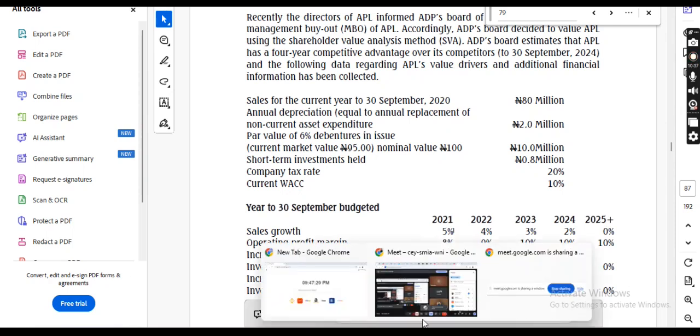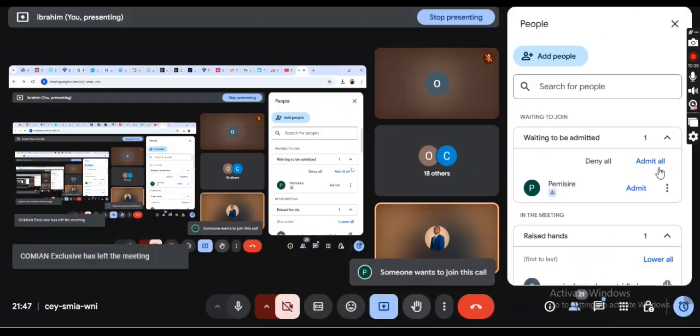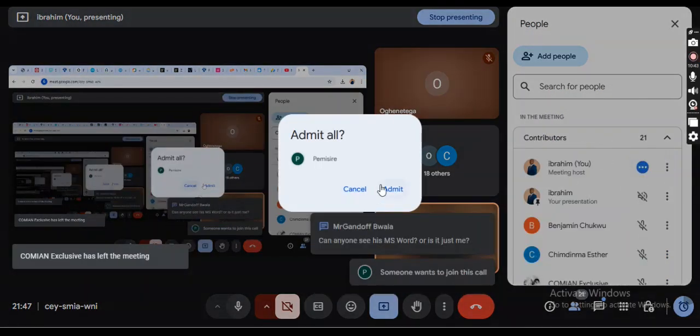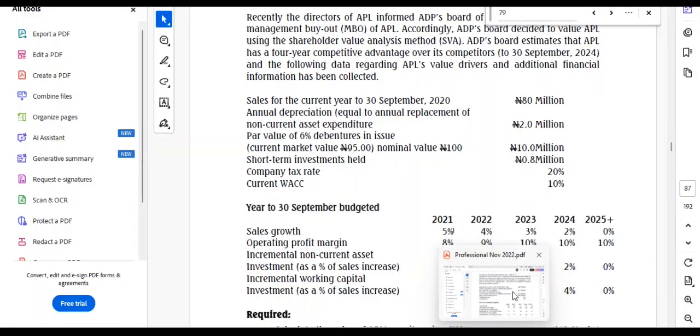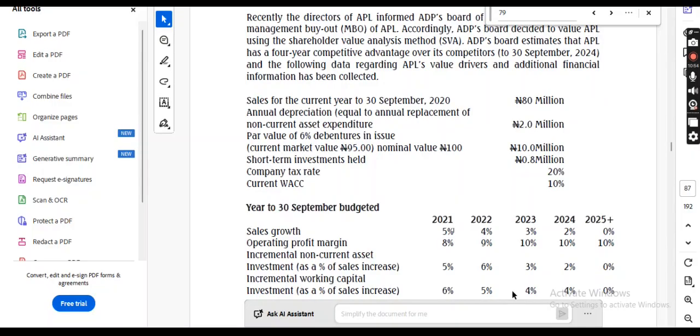Sorry, please, minutes. Please, can you see the question? I'm not sharing my Microsoft Word. Please confirm if you can see the question. I can't see.